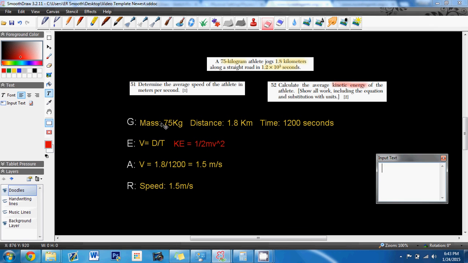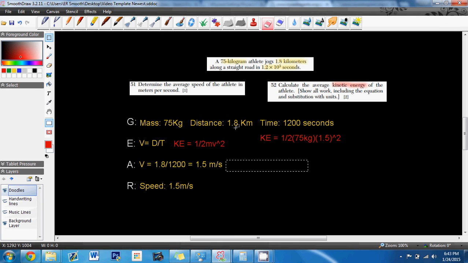So KE equals 1/2 times 75 kg times 1.5 meters per second, squared. Okay, so that's what we get when we substituted everything in.